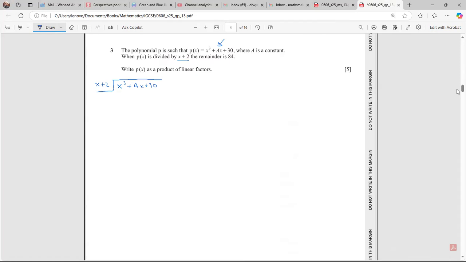Okay, let's see. So if I multiply by x squared, so it's going to be x cube plus 2x square, minus, plus, minus, this will cancel, and I have minus 2x square plus ax and plus 30. Okay, now I will do it with minus 2x.